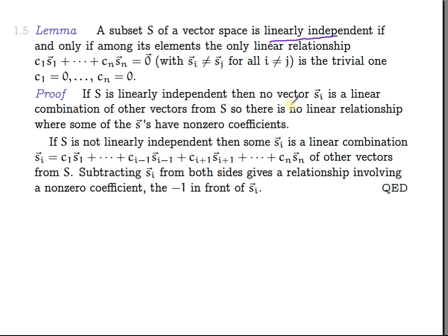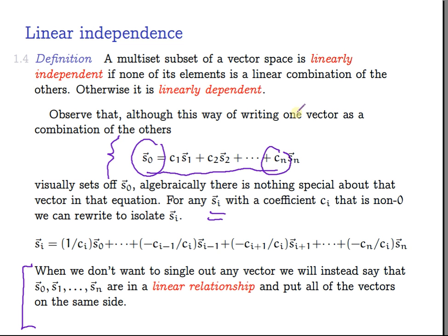And we showed that on the previous slide. If I have a linear relationship C0 S0 plus ... plus Cn Sn, and I set that equal to 0, I can certainly solve for S0 and get a linear dependence. I can get S0 as a linear combination of the others, as long as C0 is not 0.